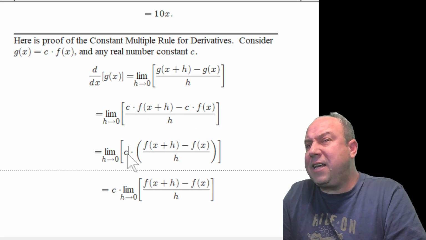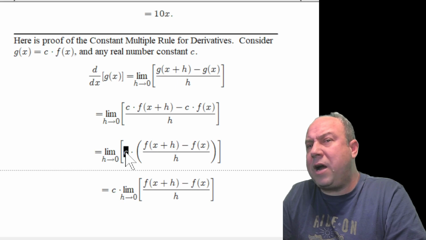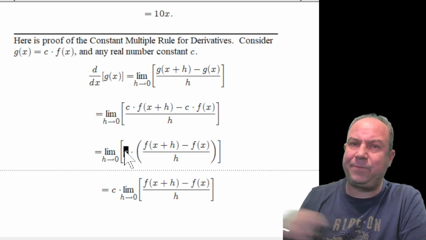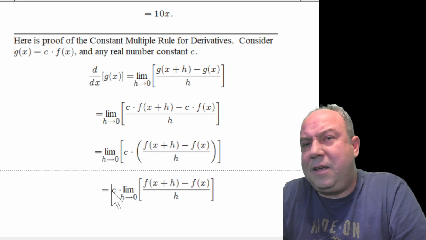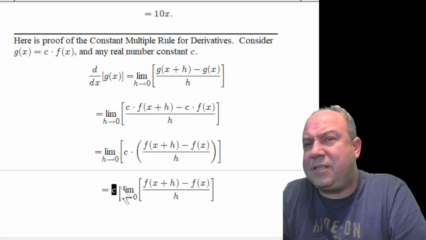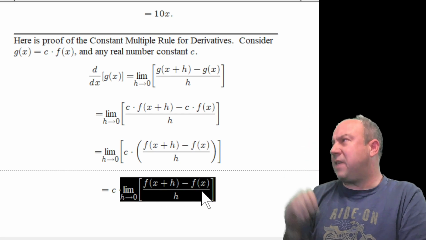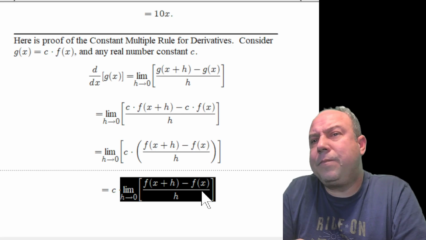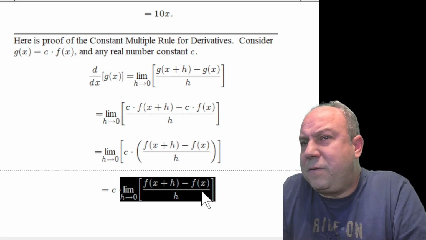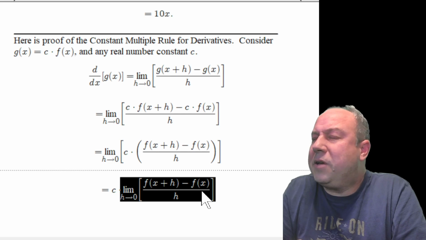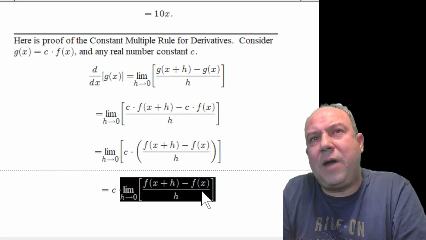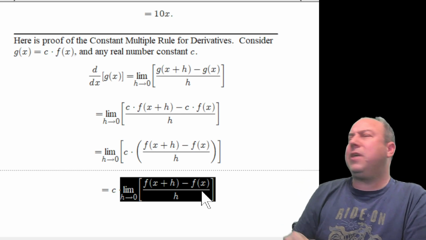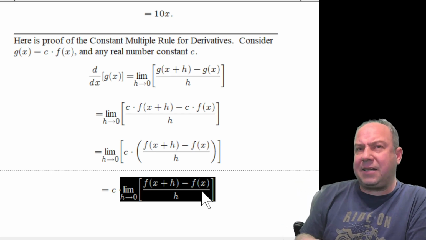And that c is a constant multiple inside the limit, where I know a constant multiple in a limit will also factor itself out of the limit. So bringing itself out of the limit, I have c times the limit as h heads to 0 for what is f of x plus h minus f of x divided by h. And that should look familiar, because that's what we define to be the value f prime of x. Right? The highlighted value there is f prime at x.